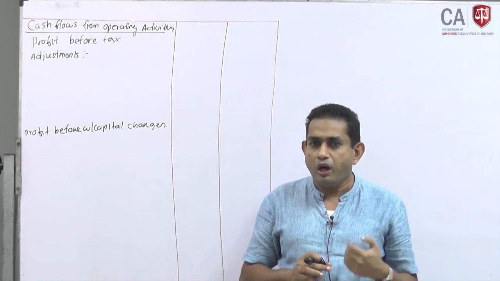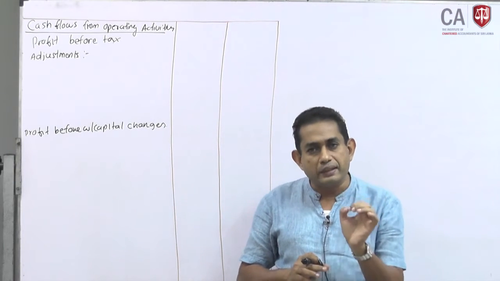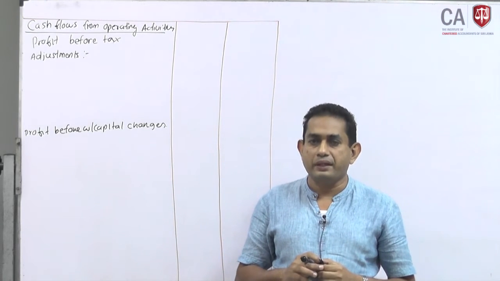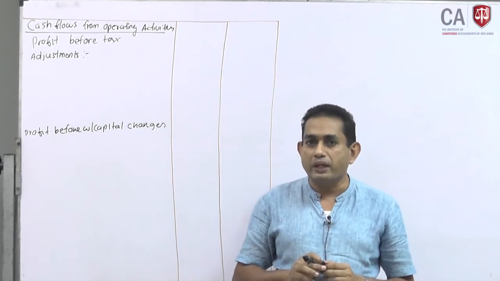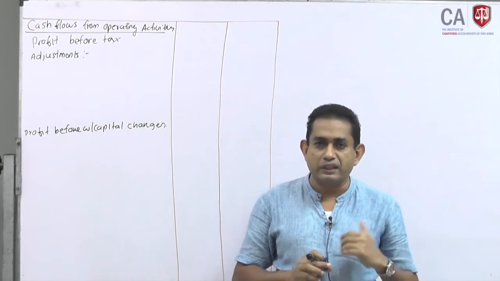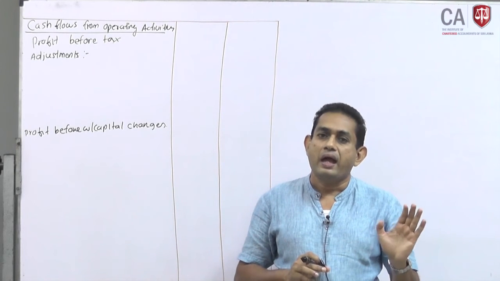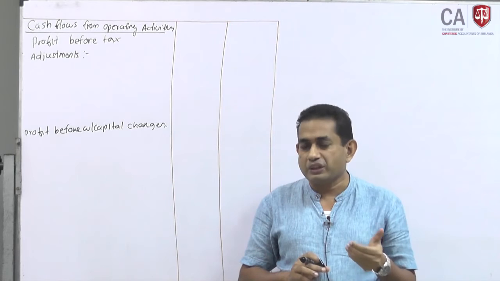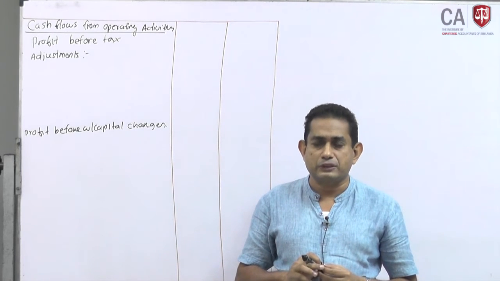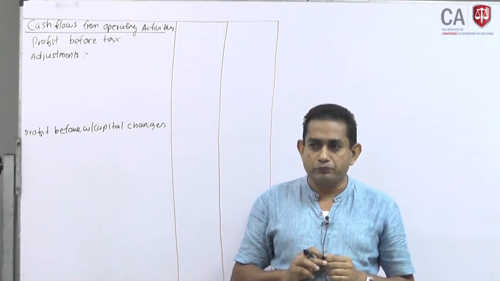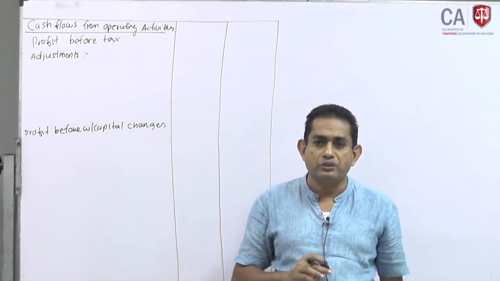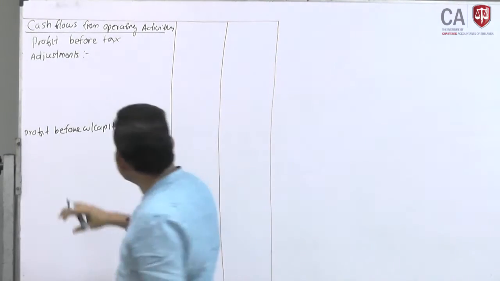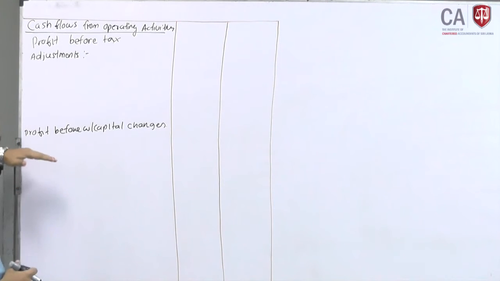Debtors are the accrued element of the sales, and the prepayment should be the accrued element of expenditure. Accrued expenditure once again should be the accrued element of expenditure, and creditors should be the accrued element of the purchases. So, most of the items listed under current assets and current liabilities should be the accrued element of the transactions. So, here working capital changes are the effects or the elements of accrual transactions.